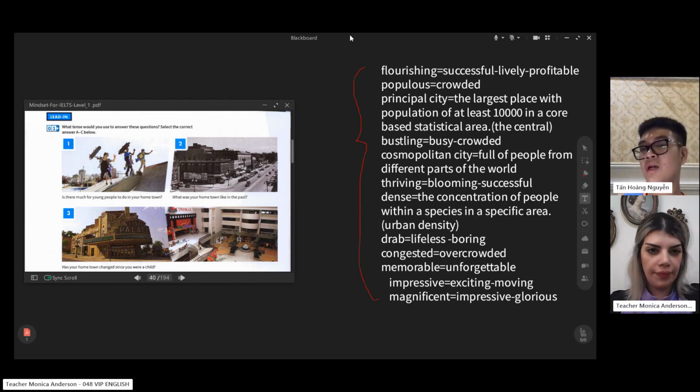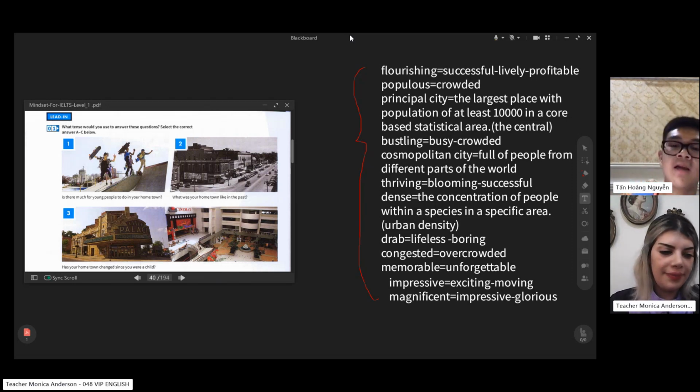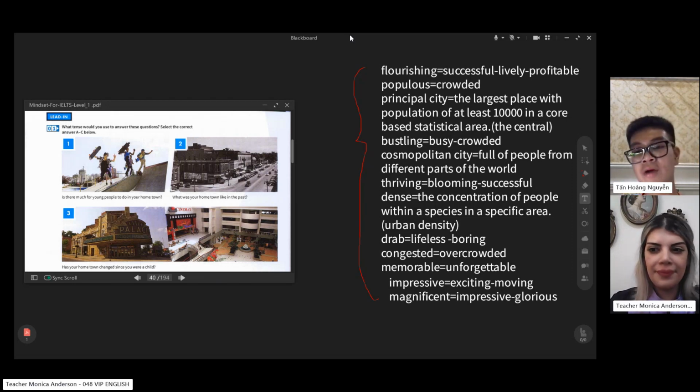Maybe my hometown isn't a cosmopolitan city because it's just Vietnamese people here. The area where I live now, I think, is a principal area.